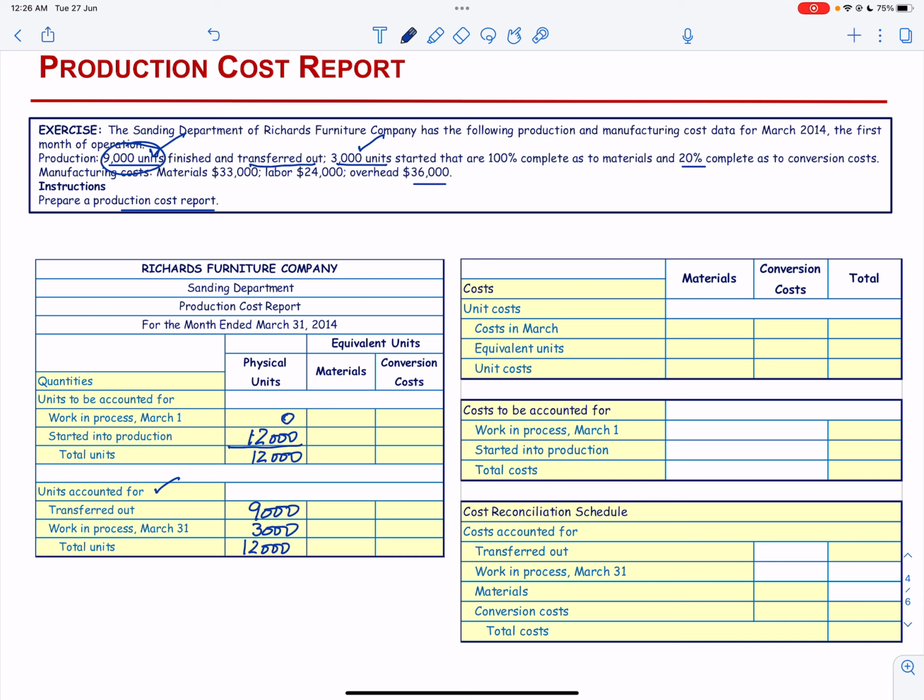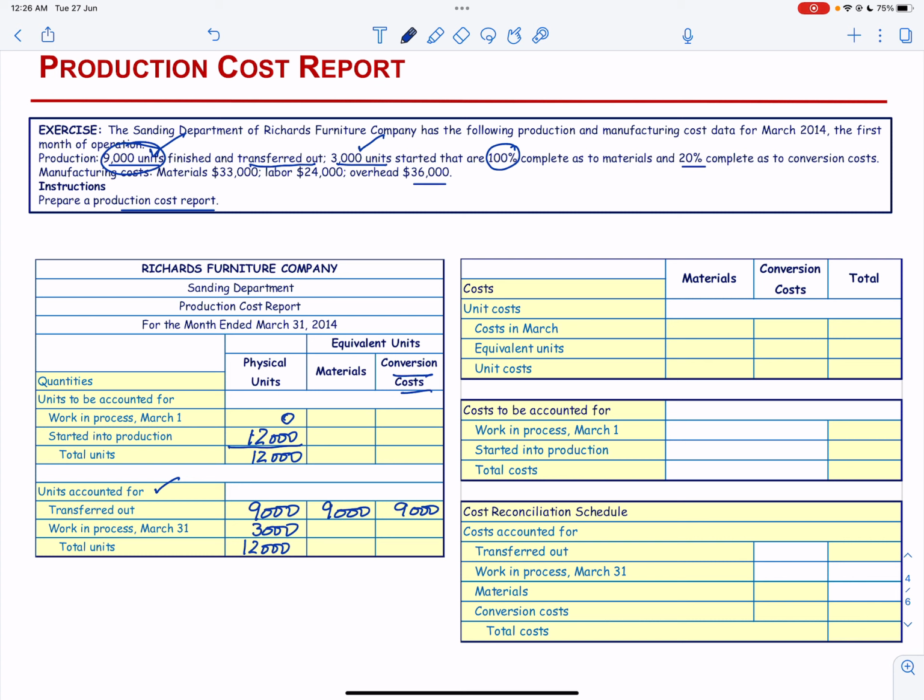The material for this 9,000, obviously since it is 100% complete, that means that the material is the whole amount, that is 9,000, and this is going to be put as 9,000, the conversion cost.